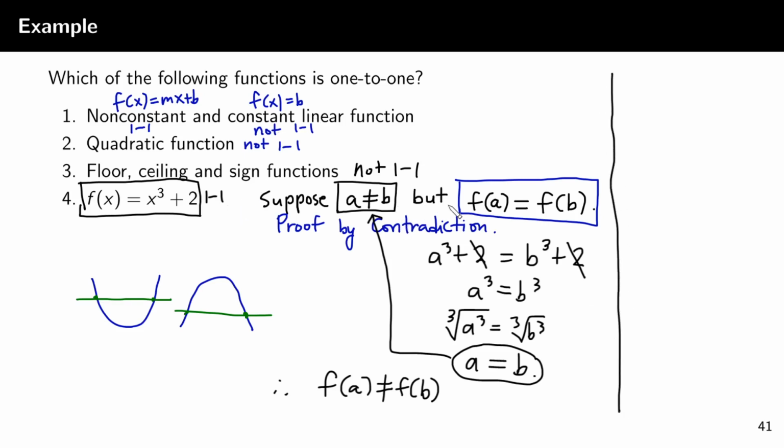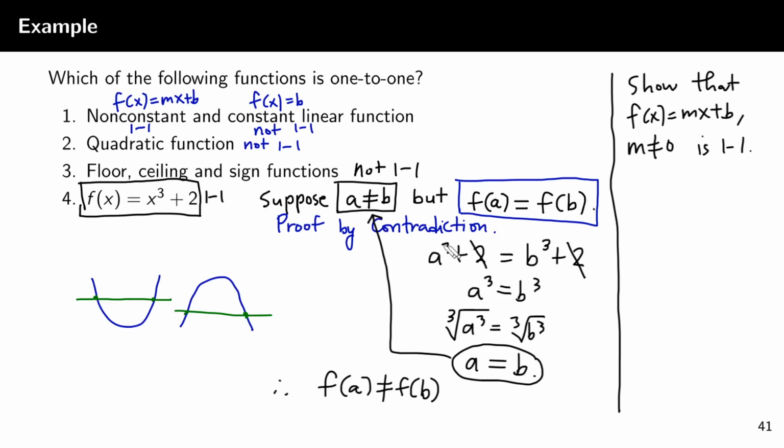Let's try using this argument to show na ang isang non-constant linear function ay 1-to-1 without using the horizontal line test. So, show that f of x equals mx plus b, where m is not equal to 0, is 1-to-1.